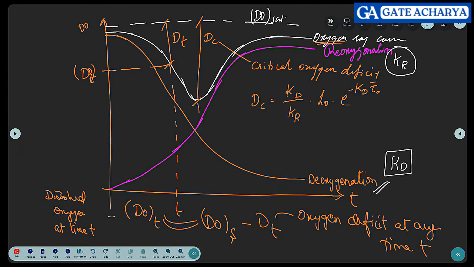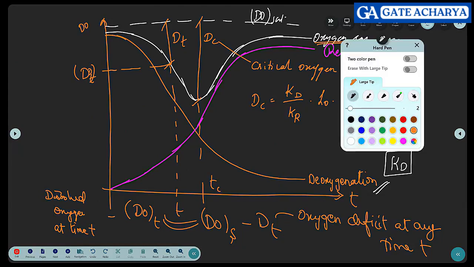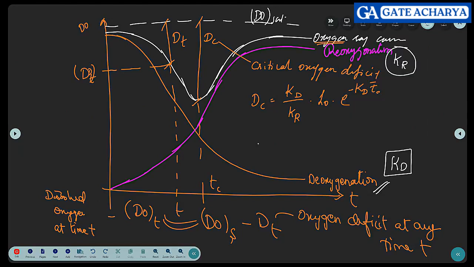Tc is nothing but the critical time. All other parameters are known values: the deoxygenation constant, the reoxygenation constant. L0 is the ultimate BOD.